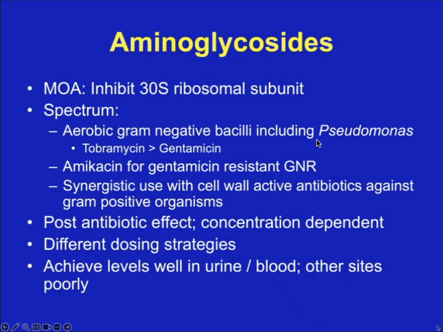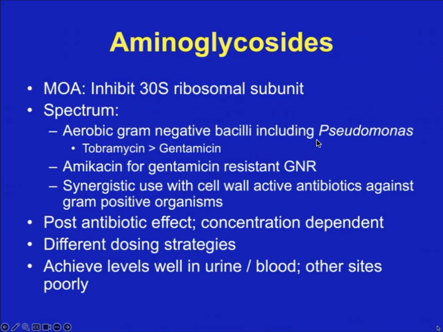Like the fluoroquinolones, even more so, this does have concentration-dependent killing, so they take advantage of that in dosing. One of the pharmacists will talk to you about that later, probably next week. You have traditional dosing of either Tobra, Gent, or amikacin, two or three times a day, with troughs and peaks, versus once daily dosing, or ODA, once daily dose administration, to take advantage of this concentration-dependent killing.